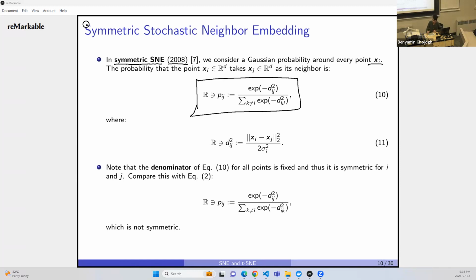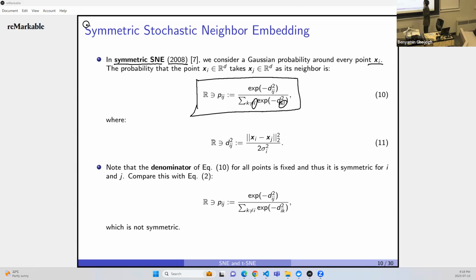What is the difference between equation 10 and what we had as Pij in SNE? The difference is very tiny, it is here. This is l, this is dkl. In the denominator, in SNE, we had the summation of exp of minus dki squared for all k's which are not equal to i.